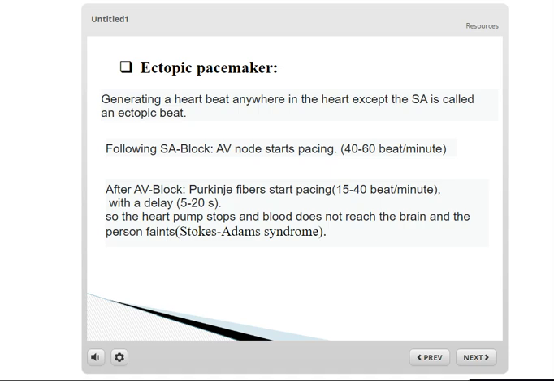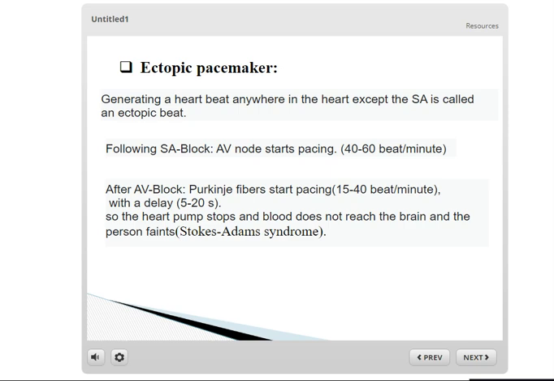When the heart's normal pacemaker, the sinoatrial node, is blocked or dysfunctional, other regions of the heart can take over as the pacemaker. This is called an ectopic pacemaker, as it is generating a heartbeat at a location other than the SA node.